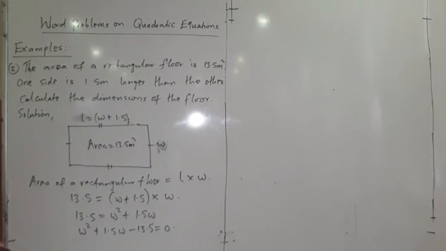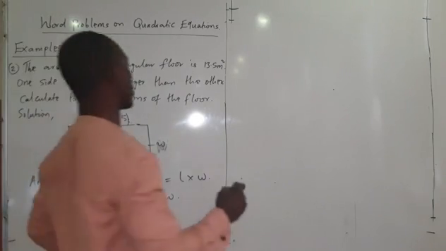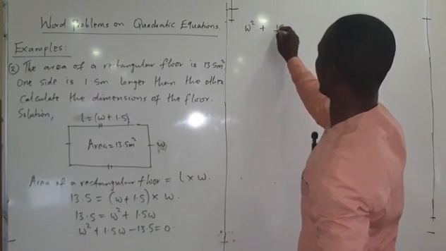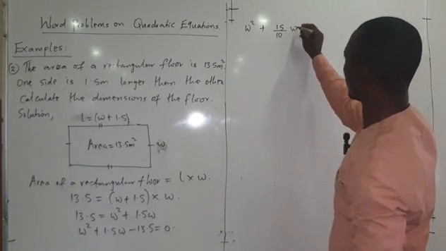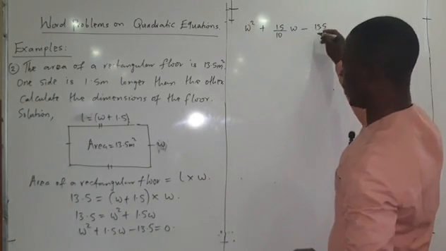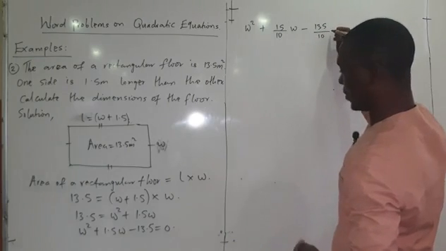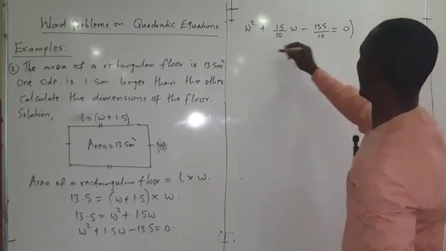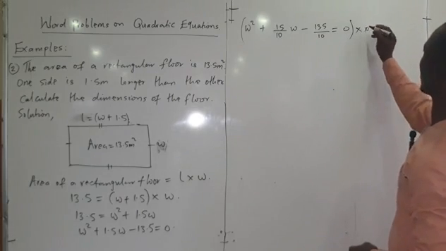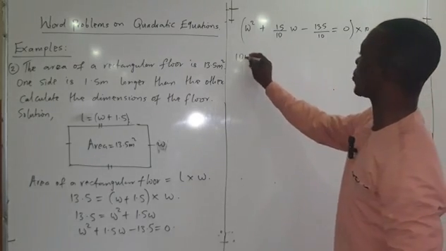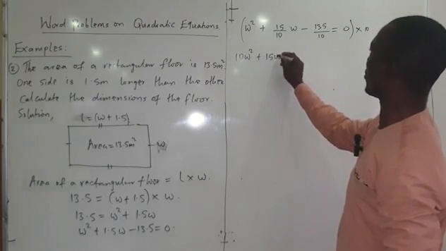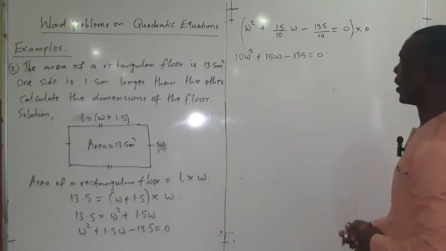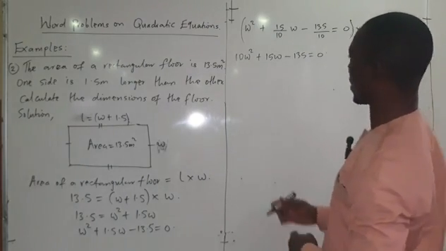So we can now change this decimal to fraction. If we change the decimal to fraction, we have W squared plus 15 over 10 W minus 135 all over 10 equals 0. So multiply through by 10 to clear the denominator. So we have 10 W squared plus 15 W minus 135 equals 0. Then 5 is common, so we can divide through by 5.